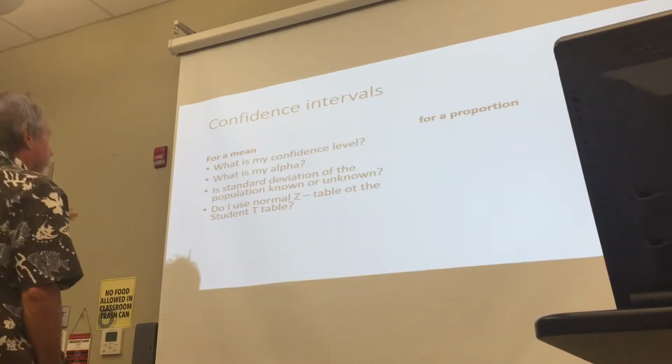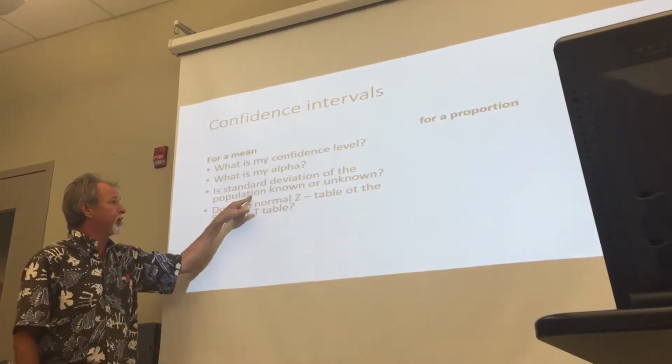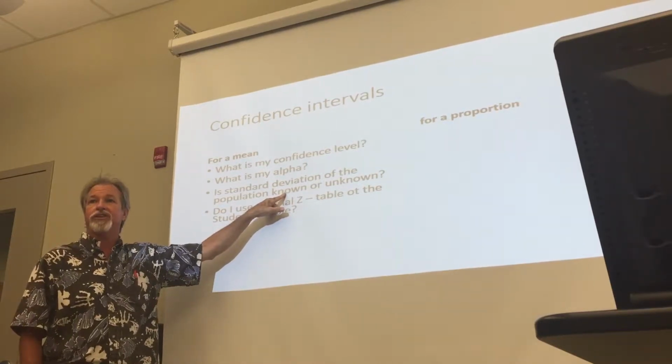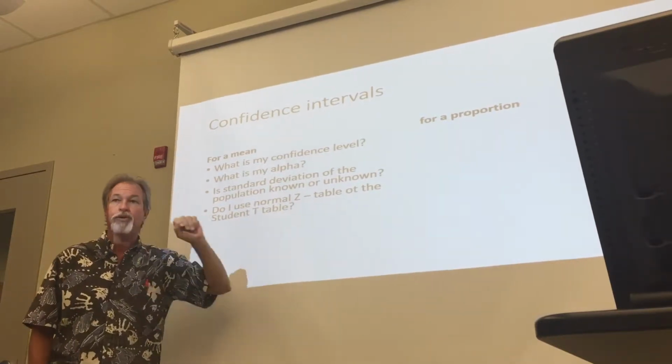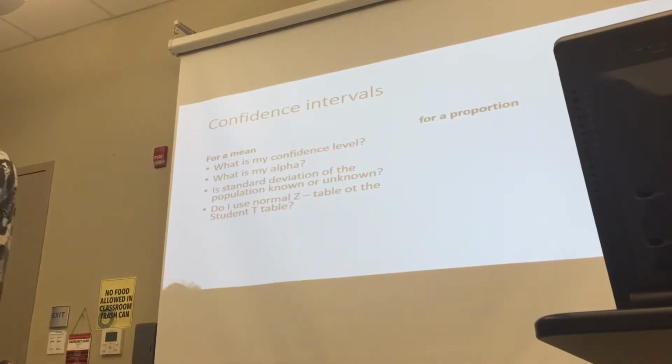If the standard deviation of the population is known, we use a Z table. If it is unknown, we use the T table. That's how the book does it.